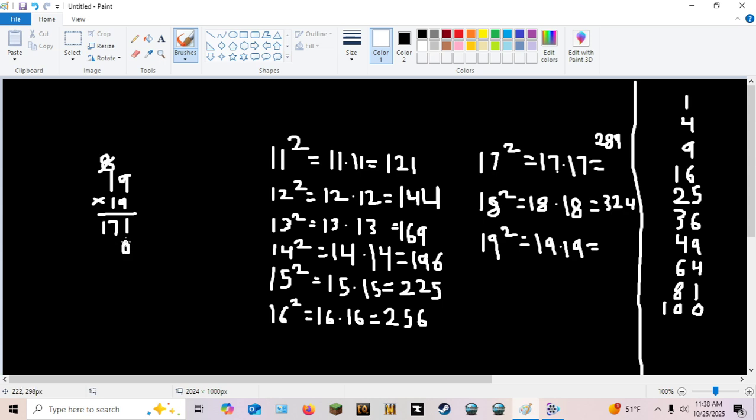Cancel the 8, add a 0. 1 times 9 is 9. 1 times 1 is 1. 1 plus 0 is 1. 7 plus 9 is 16. 1 plus 1 is 2. Plus 1 is just 3. So this actually equals 361.